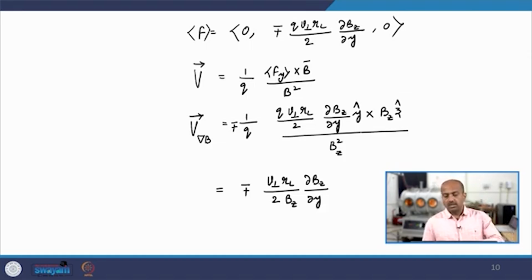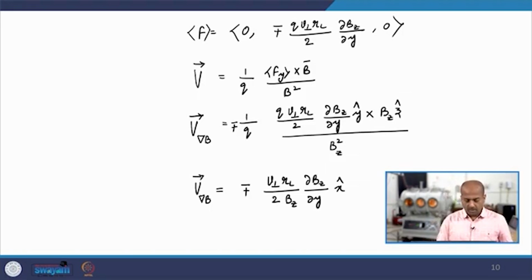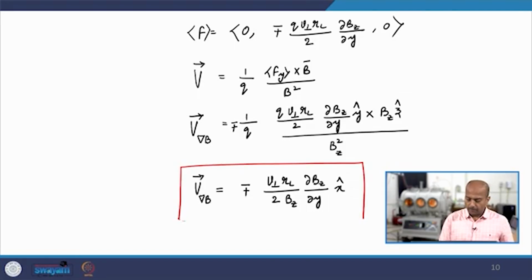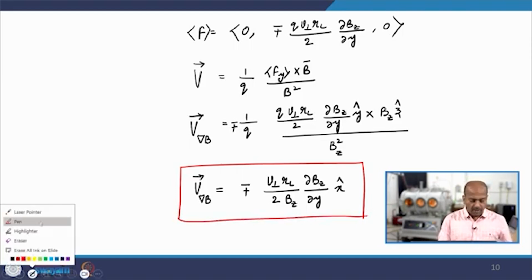Y cross z is x cap. So, v perpendicular RL by 2 Bz dou Bz by dou y along x cap. Right. So, this is the expression for the gradient drift velocity.